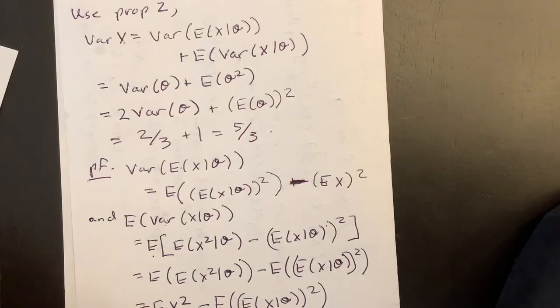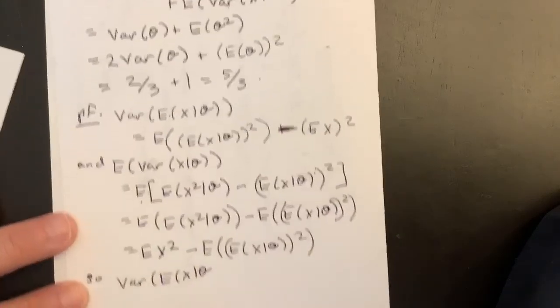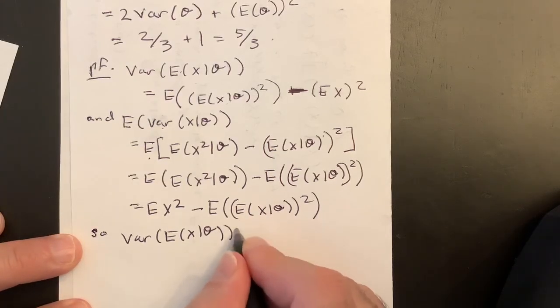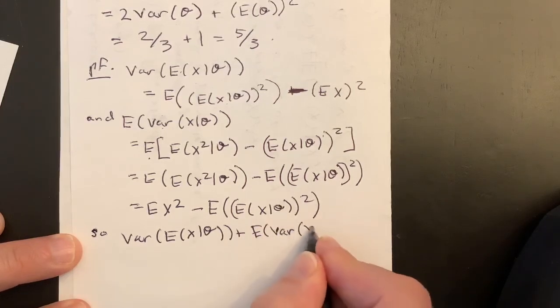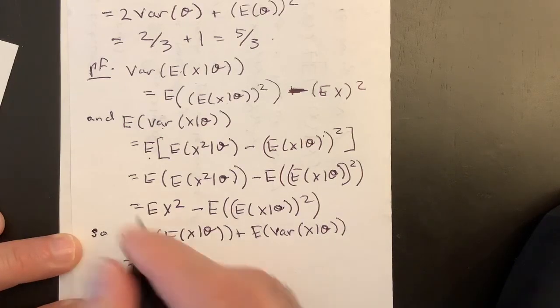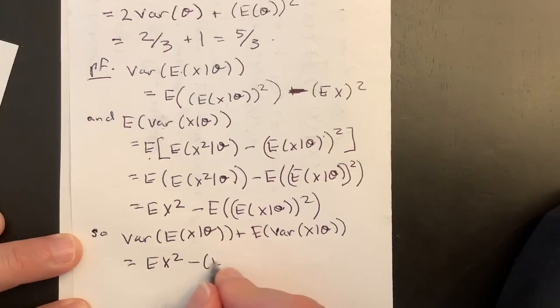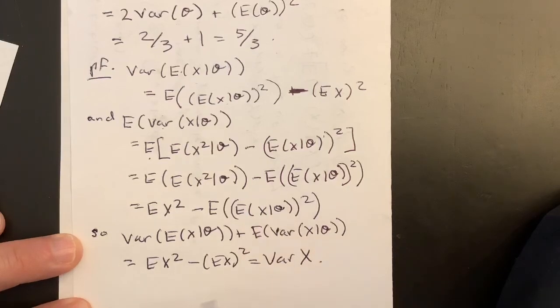So now when I add these two together, var of e of x given theta plus e of var of x given theta is equal to e of x squared minus e of x, all squared, and this is just variance of x.